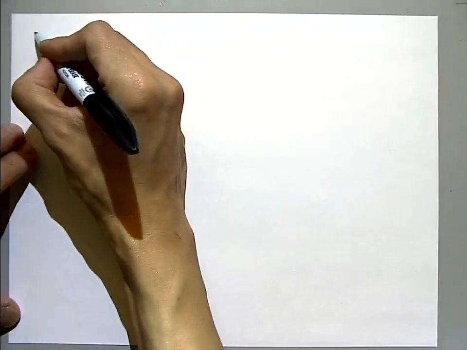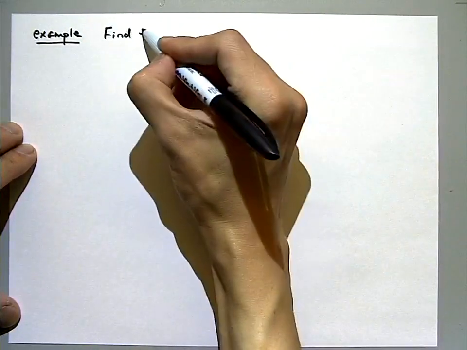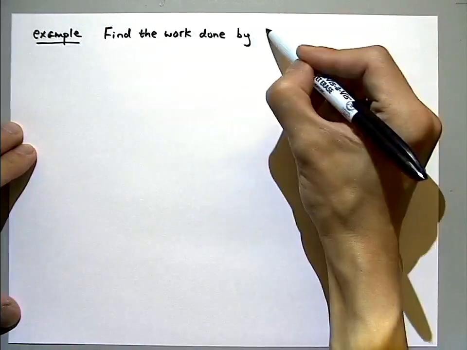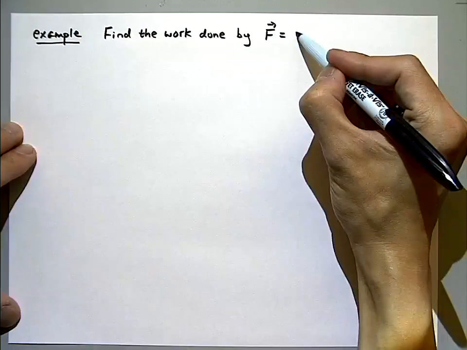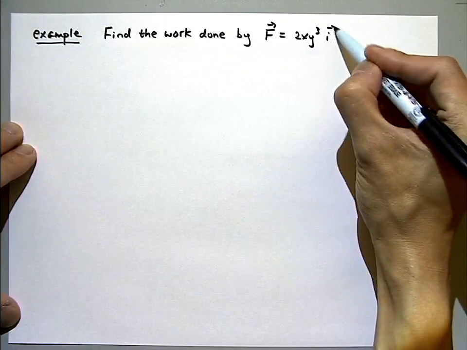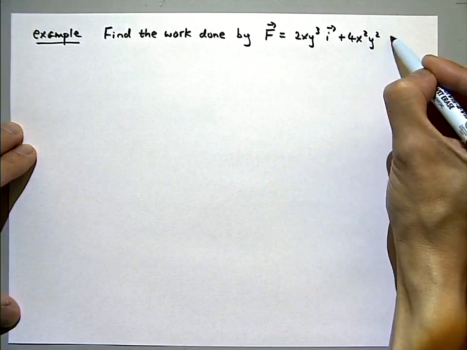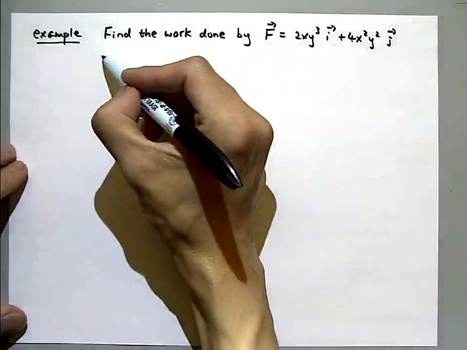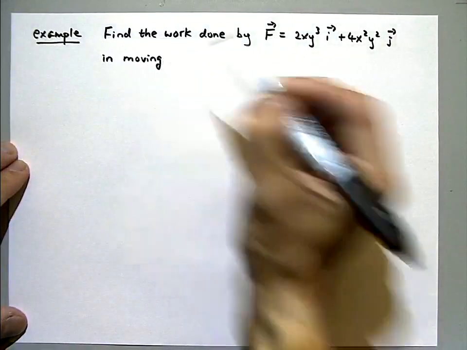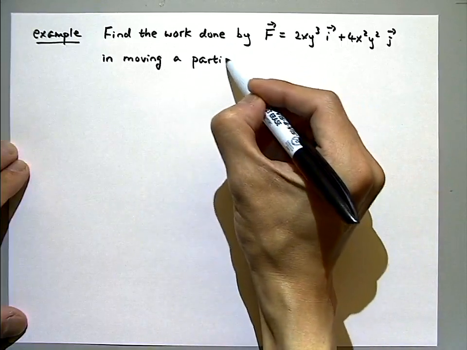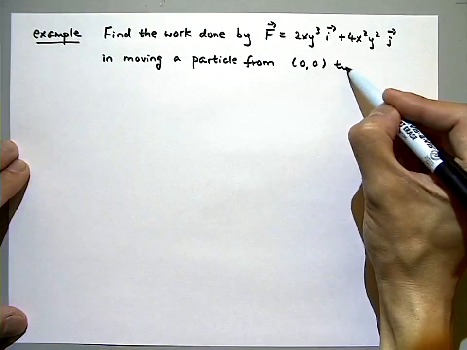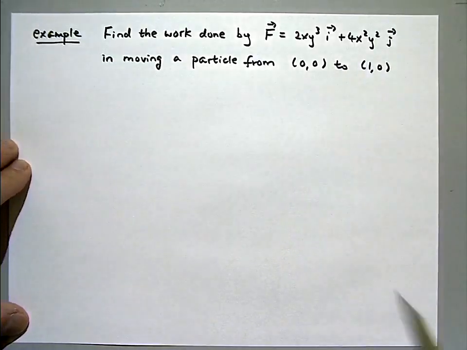All right, let's do one more example. Let's find the work done by the vector field, which would be a force vector field, 2xy cubed i plus 4x squared y squared j, moving a particle from 0, 0 to 1, 0 along the x-axis.